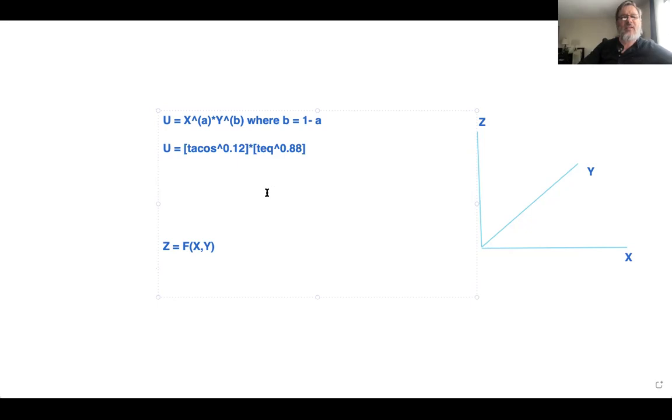So in this case, we have U is equal to, how many tacos are there? 10? Or I forget. In my problem, it was 8. Okay, 8 tacos raised to the 0.